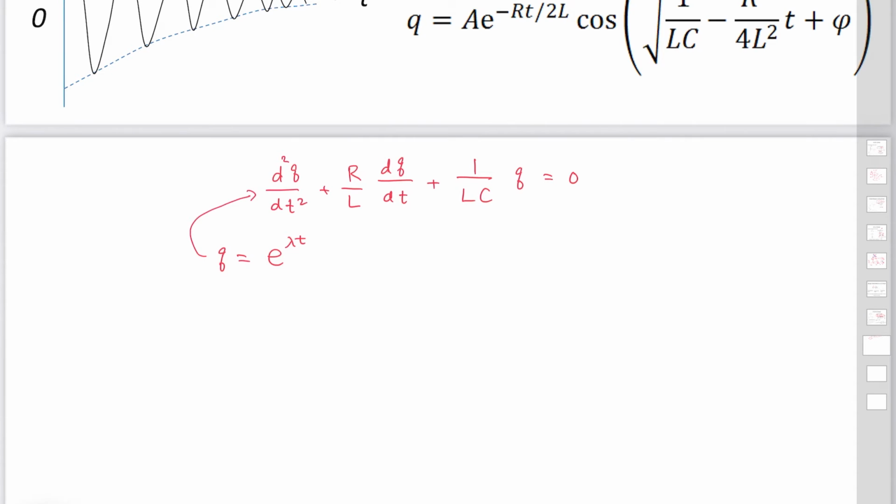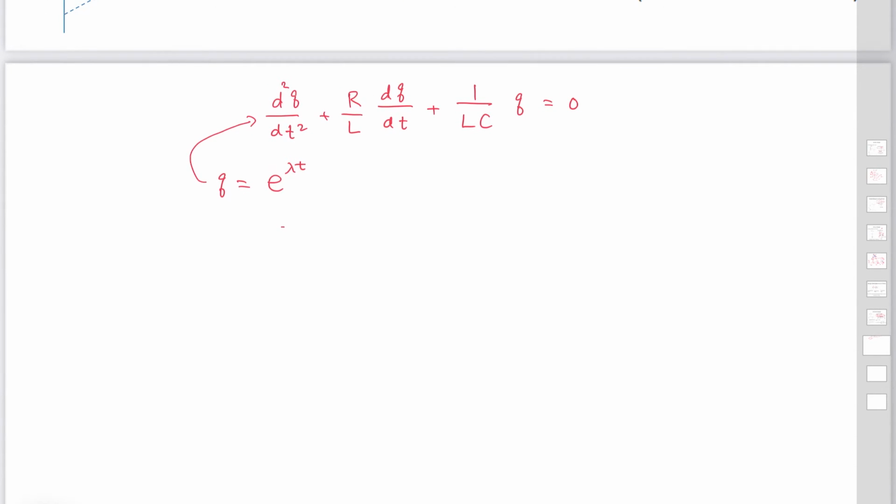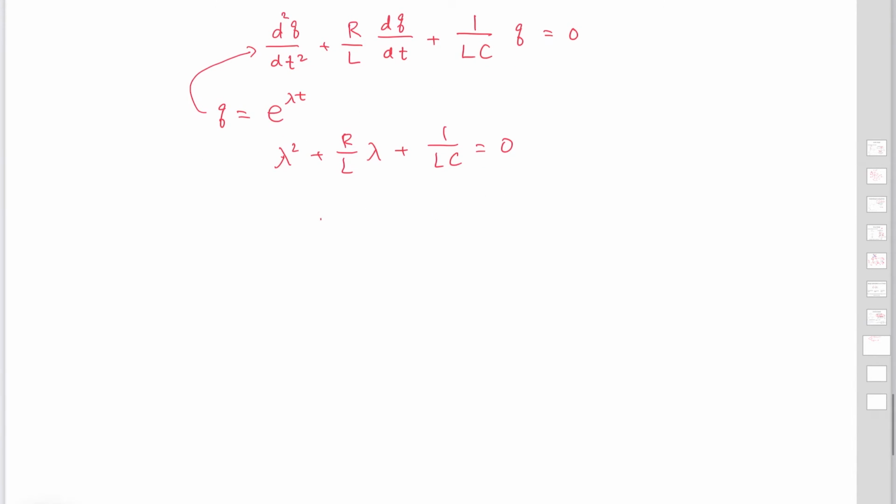Then the equation becomes lambda squared plus R over L lambda plus 1 over LC equals 0. Then you can solve lambda: lambda equals minus R over 2L plus or minus 1/2 square root of (R over L) squared minus 4 over LC.